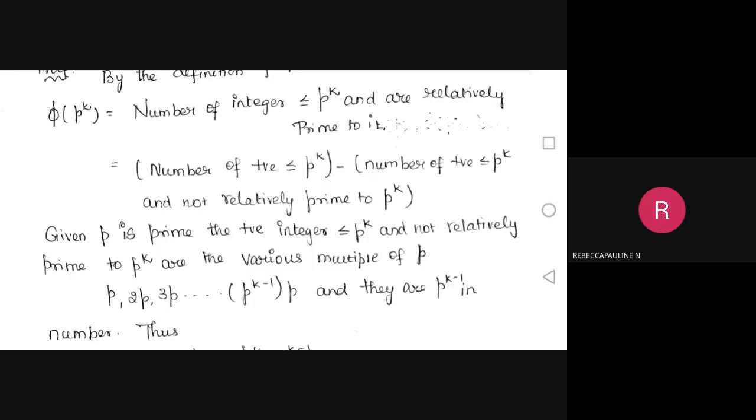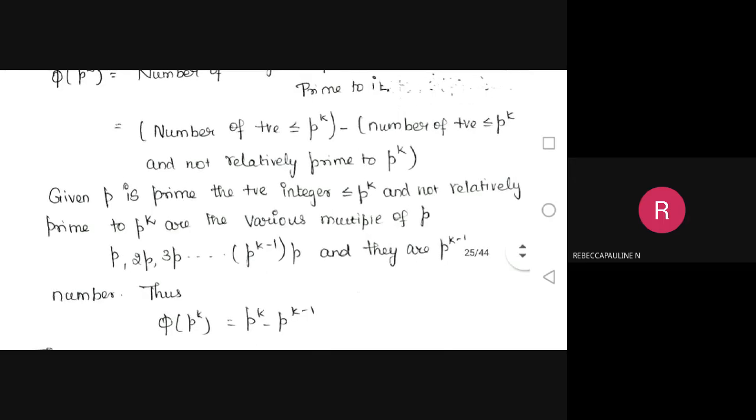Up to 2p means two integers are not relatively prime to p power k, up to 3p means three integers. Here p power k minus 1 multiples of p exist, therefore p power k minus 1 integers are not relatively prime to p power k.